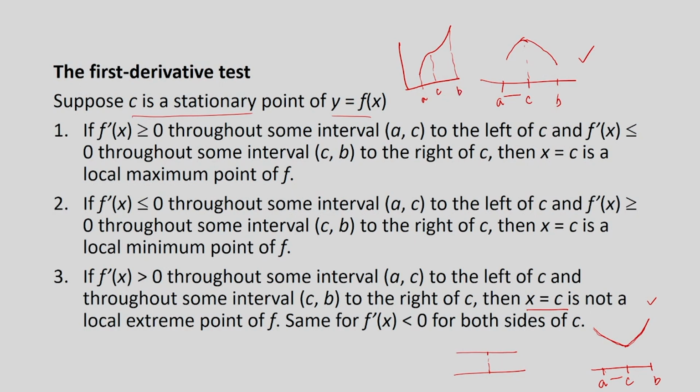Then clearly this function is not getting any maximum or minimum at the point c, right. And similarly, if you have f dash of x less than 0 throughout to the left and to the right, then also you do not have a maximum or a minimum, there is no local extreme point.